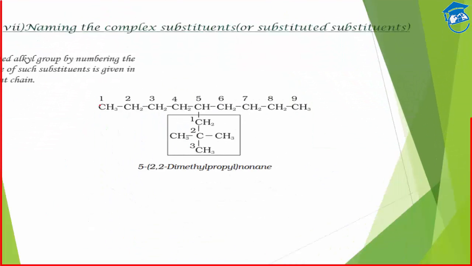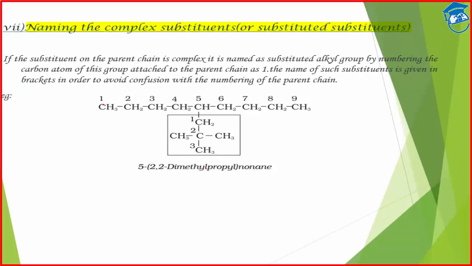Now if we have some complex substituents, like this one, you cannot simply write its name. So we will write the name of the main carbon chain separately, and separately mention this complex substituent. We should first mention its position, that its position is 5, you can clearly see.